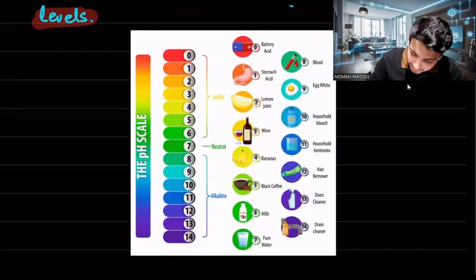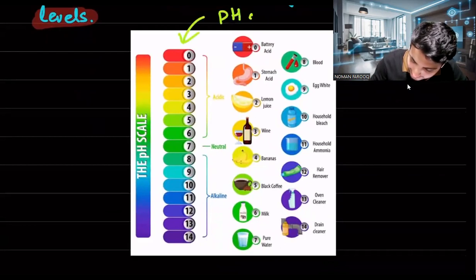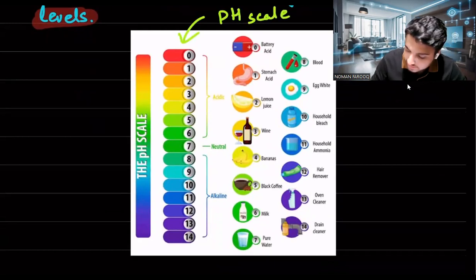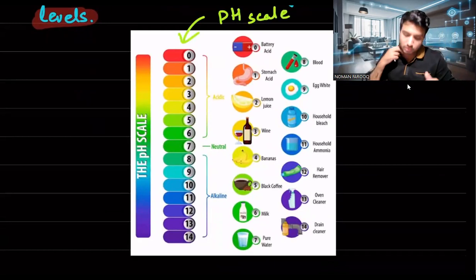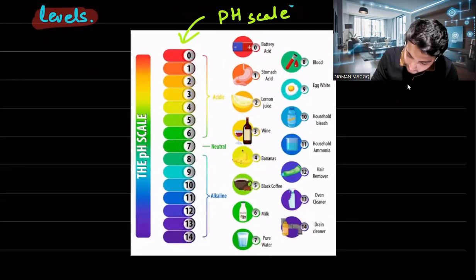Basically this is the pH scale, and it ranges from 0 to 14. At 7, it is neutral.